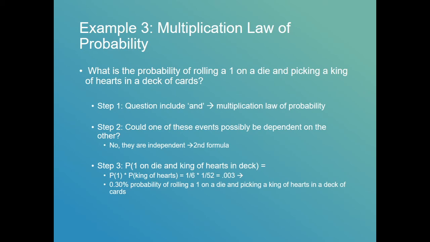So we're going to multiply 1 over 6 times 1 over 52. And when we do that, we get 0.003, which we could turn into 0.30% probability of rolling both a 1 on a die and picking a king of hearts from a deck of cards.